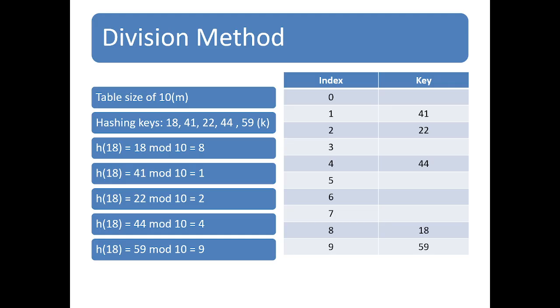To hash the first key 18, you mod it by 10, which will give you a remainder of 8, and include it in the table. 41 mod 10 will give you 1, that is index 1. 22 mod 10 will give you 2, index 2. 44 mod 10 will give you 4, index 4, and 59 mod 10 will give you 9, index 9.